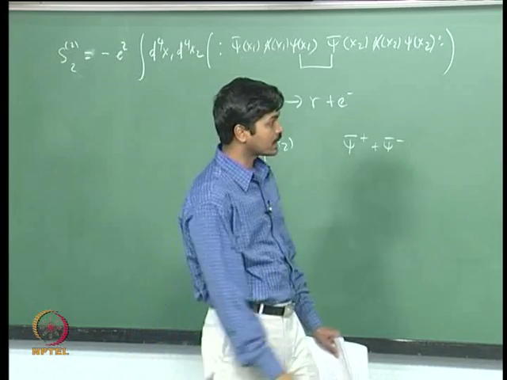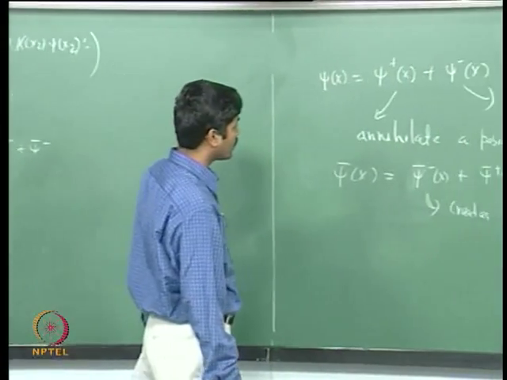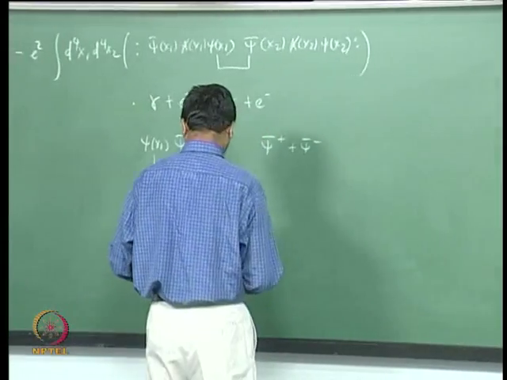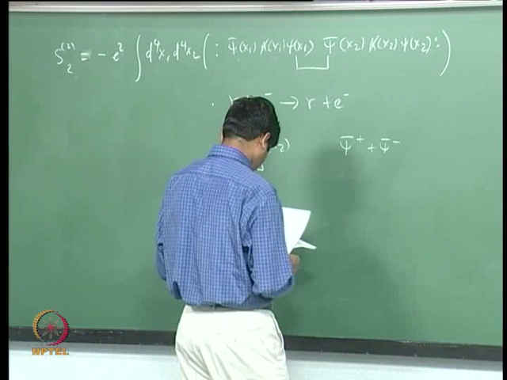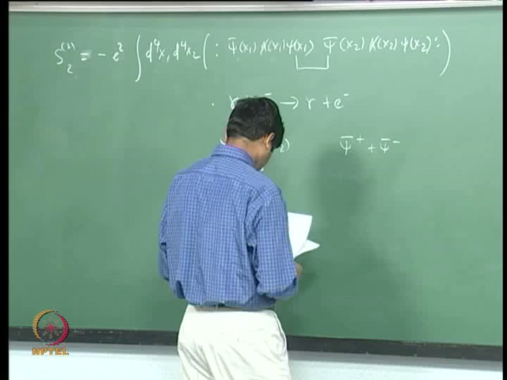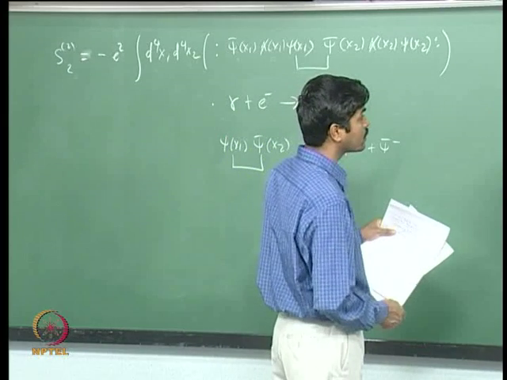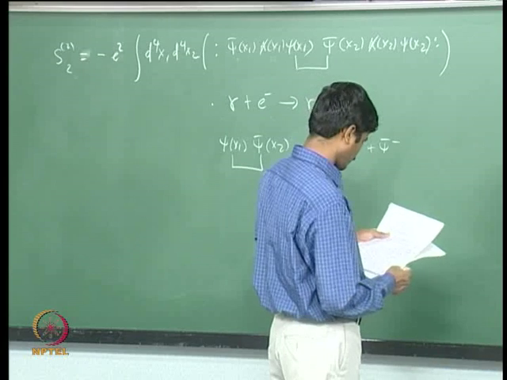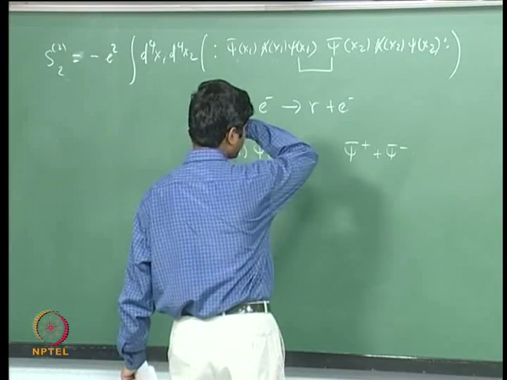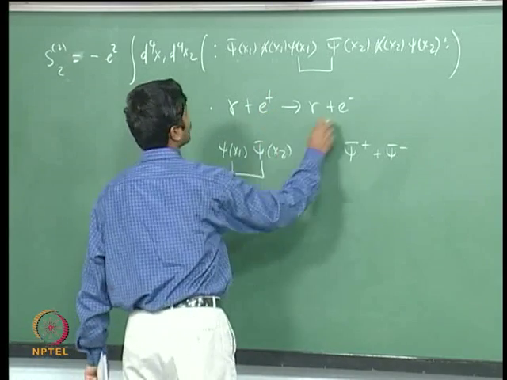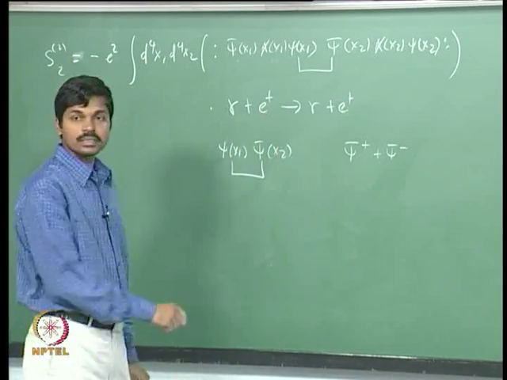Psi bar minus is describing creation of a positron, and annihilation of an initial electron. So you can have a process like this.